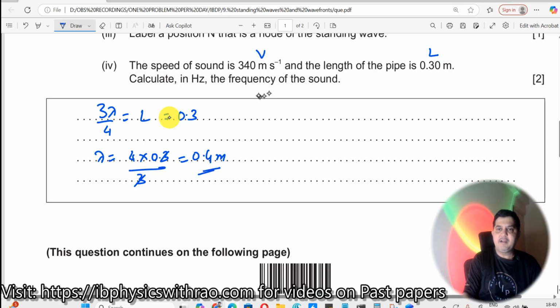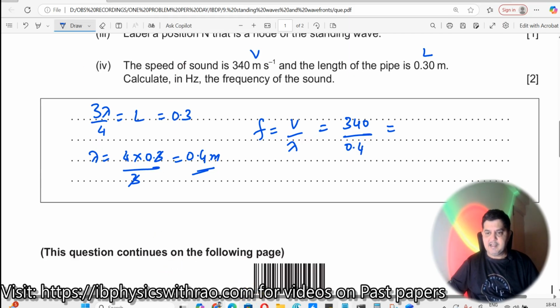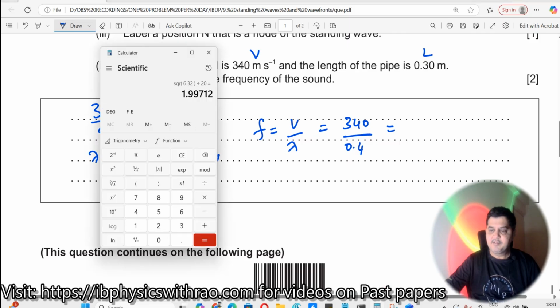He is asking you to find the frequency. Frequency is equal to V by lambda. V equals F lambda, right? So V is 340 divided by lambda, which is 0.4. That is your final answer. So it should be 340 divided by 0.4, which is 850.